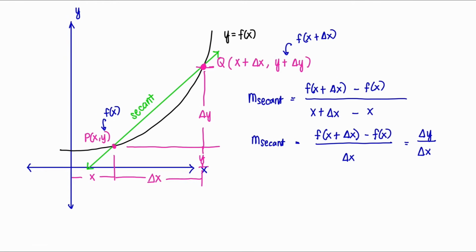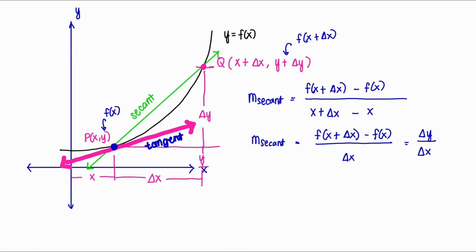If the line touches point P only, how would it look like? It would now look like this line right here. This line intersects the curve at a single point only, here, only at point P. This line which touches the curve at a single point is what we call a tangent line.